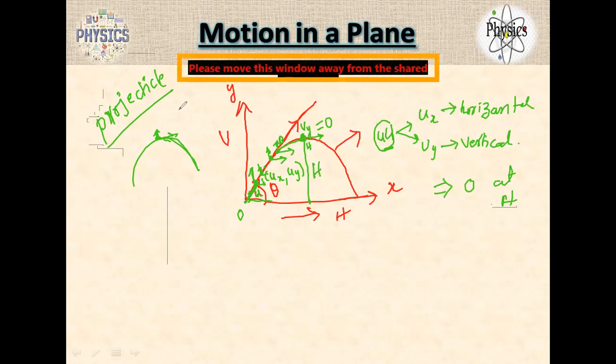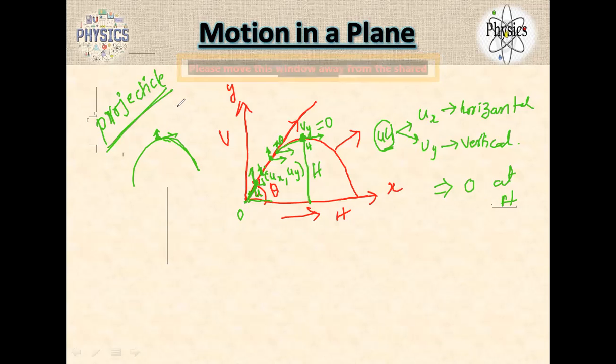Basically, when an object is projected at an angle theta to the horizontal direction, we call such an object a projectile, and its motion is called projectile motion.